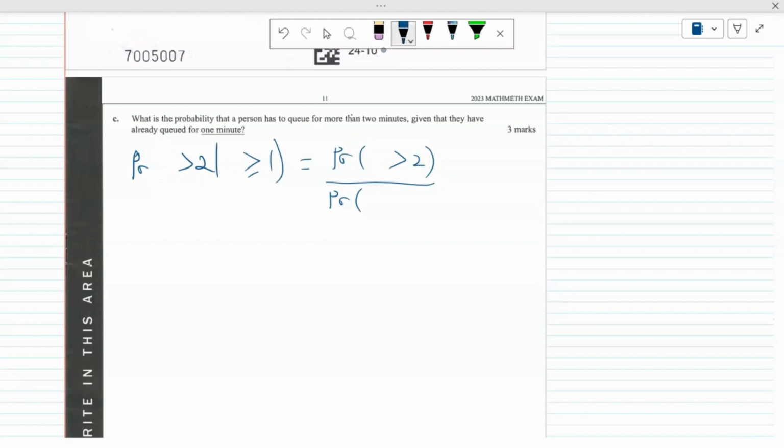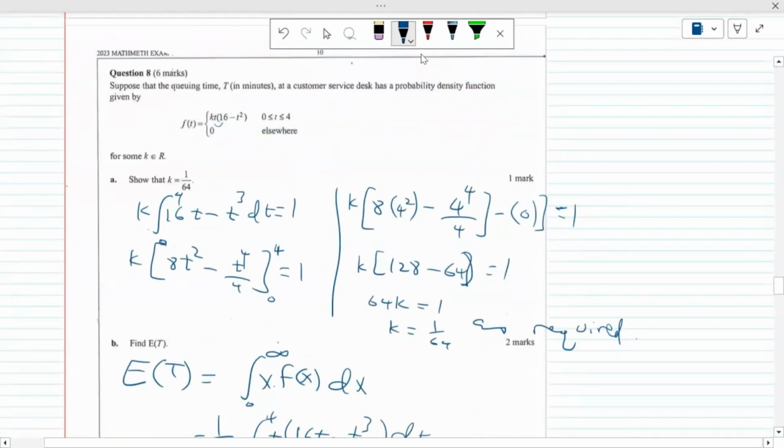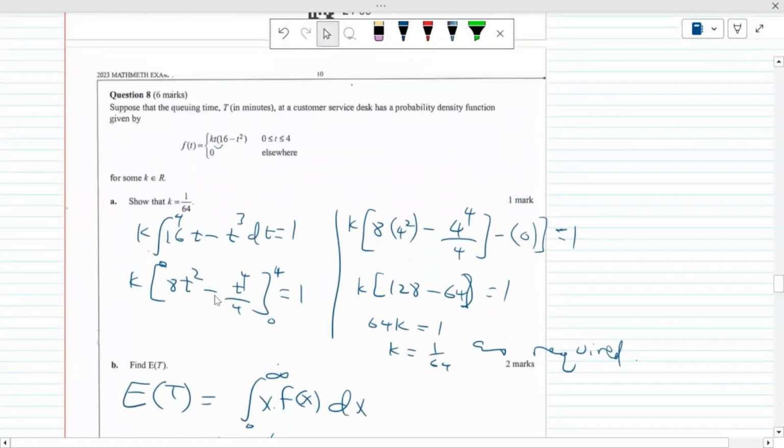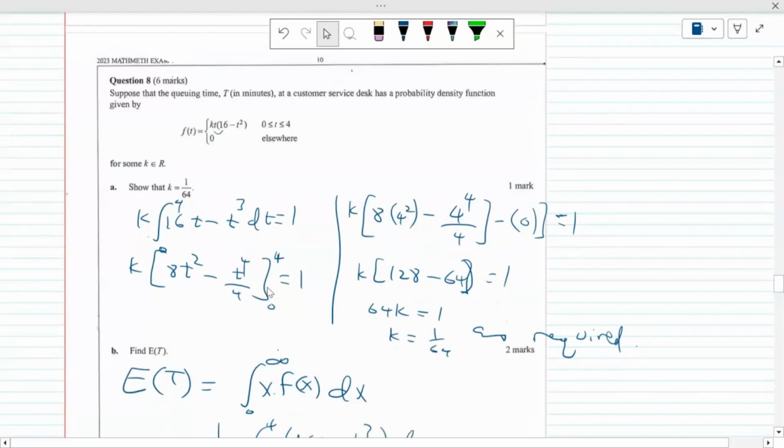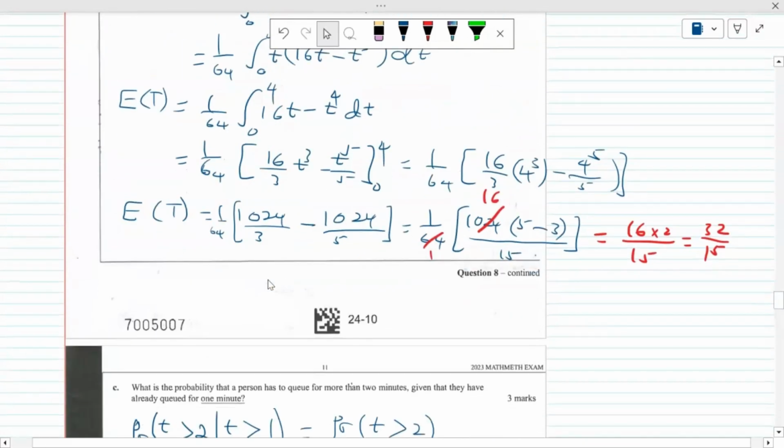I think we have already integrated, didn't we? It's this bit here, the integration, so all we have to do is use this and substitute, which is much easier. You don't need to integrate it again.